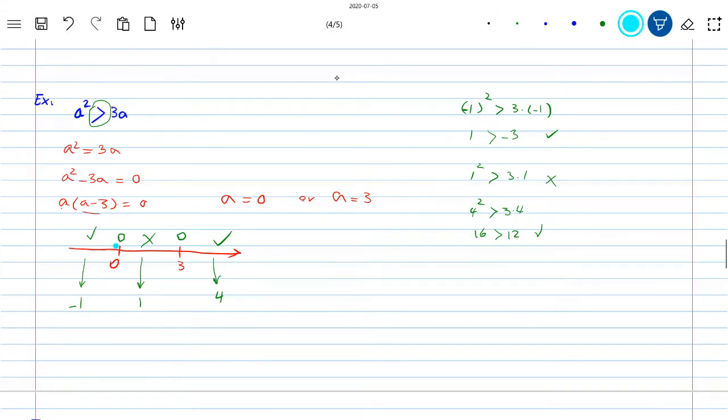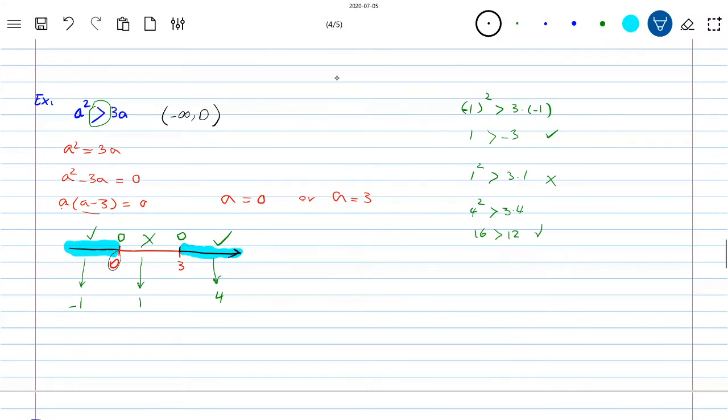It's not always this form, where the left side is correct, the middle is incorrect, and the right is correct. Just because these two examples had this result, you cannot always guess it. So these two are the sections that we accept. What is the solution? The solution is -infinity to 0.